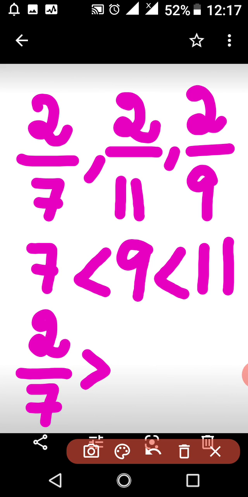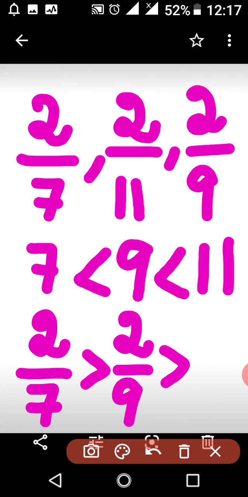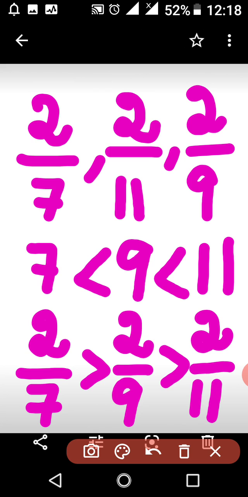And next is 9. 2 by 9 is greater than 2 by 11. So the smallest denominator becomes the greatest fraction. This is the way to compare unlike fractions with the same numerators.